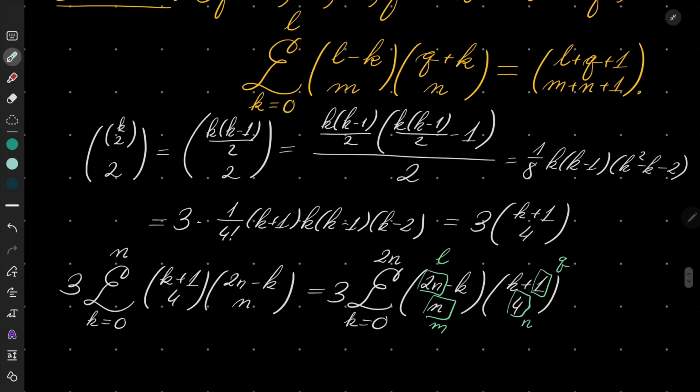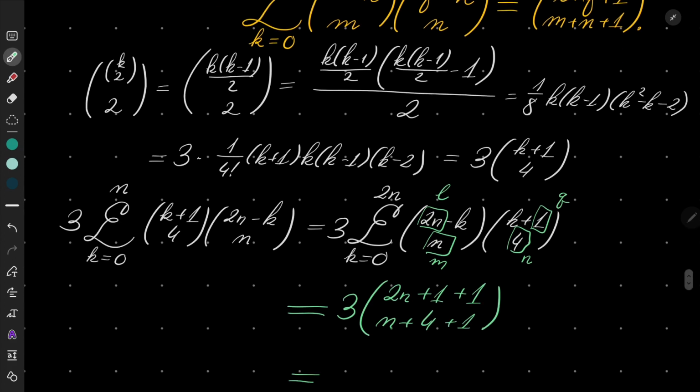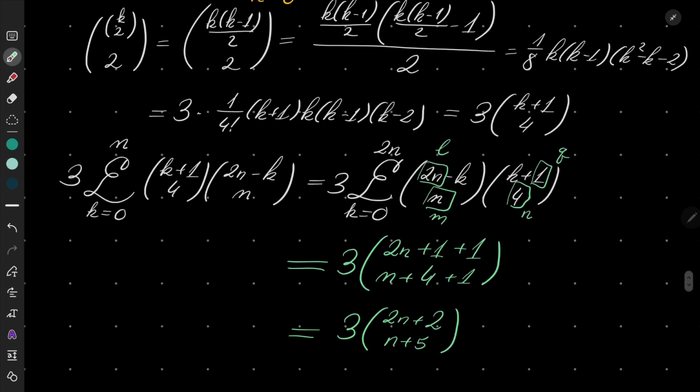So from our lemma, this entire sum becomes just 3 times 2n plus 1 plus 1 choose n plus 4 plus 1, which is 3 times 2n plus 2 choose n plus 5. And this is our result.